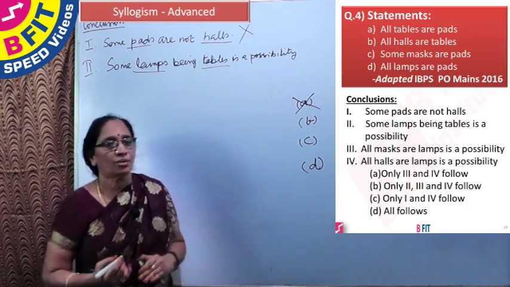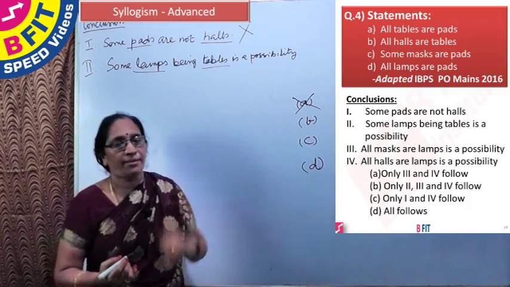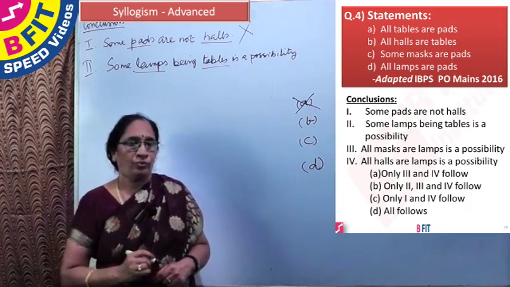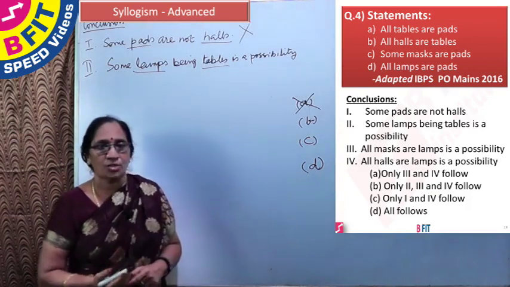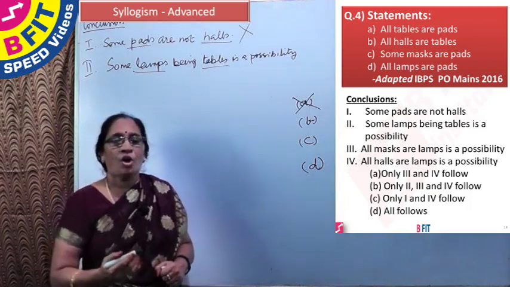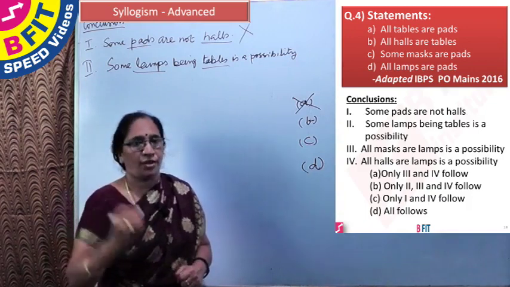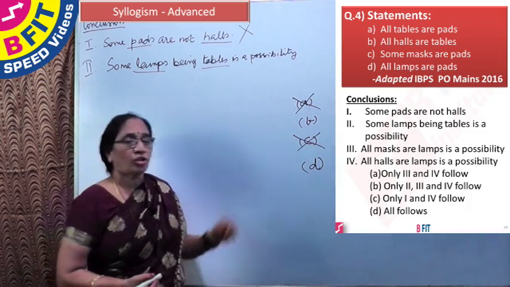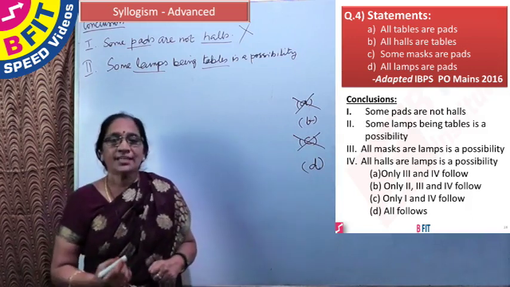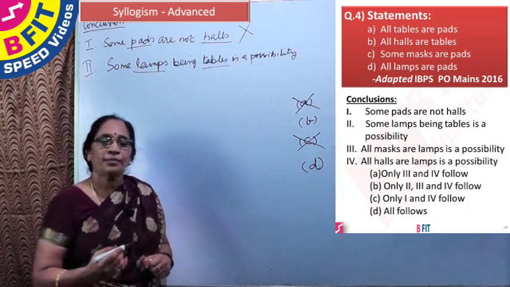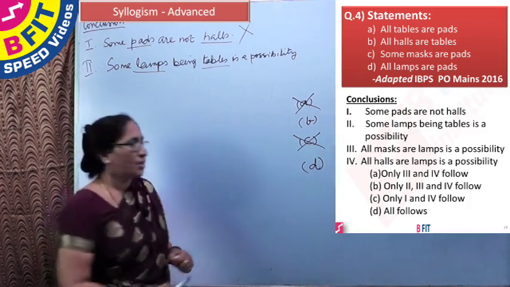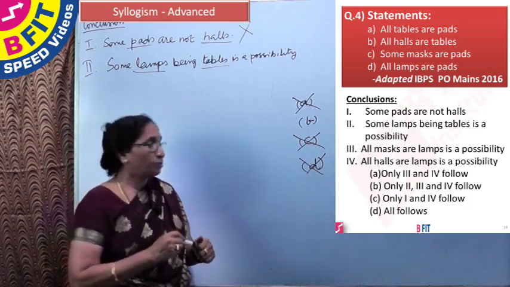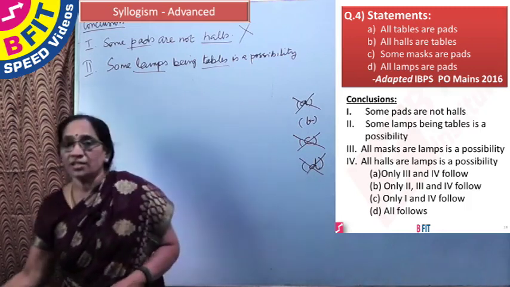Let us keep this option in abeyance. Now the third option says only 1 and 4 follow. We can eliminate this option also because we have already proved that conclusion 1 is false. Similarly, we can eliminate the fourth option D also because it says all follow, and we have already proved conclusion 1 is false. So the only available choice is option B and the answer is option B.